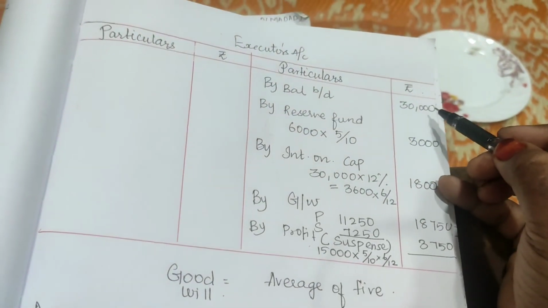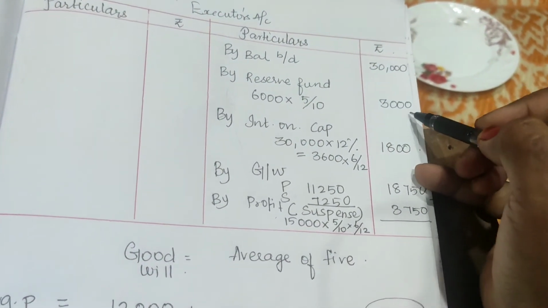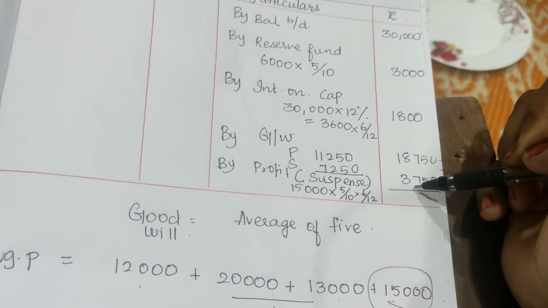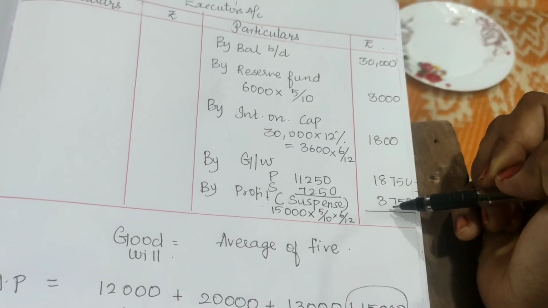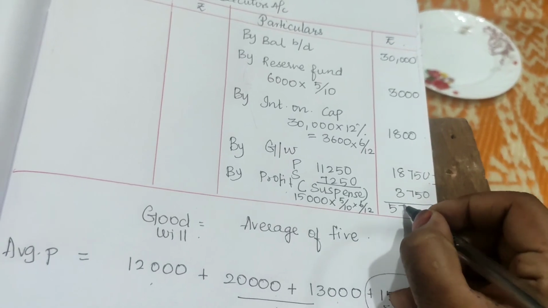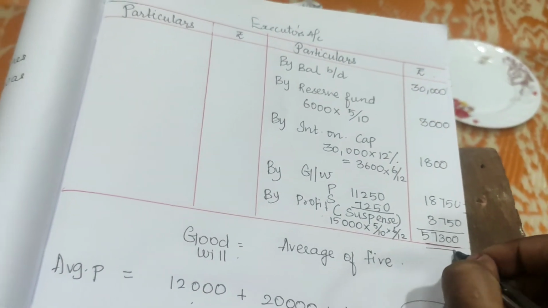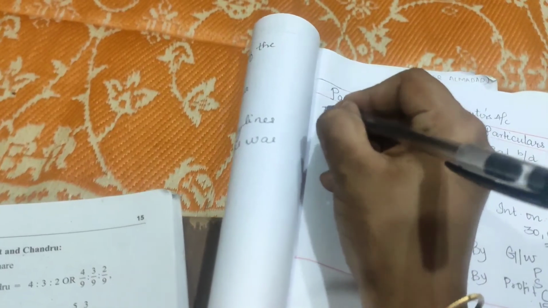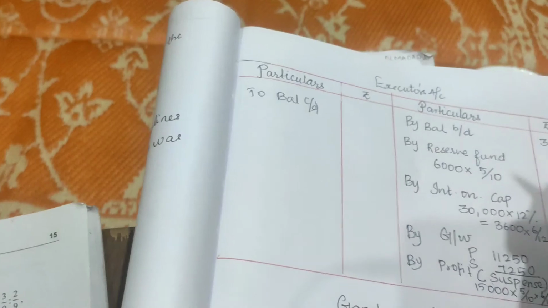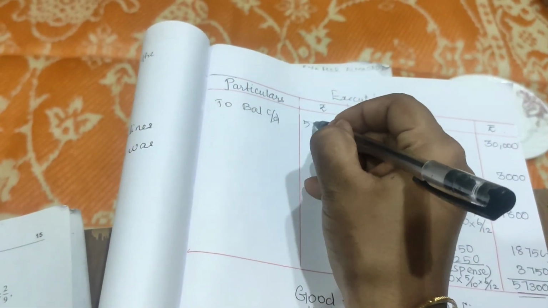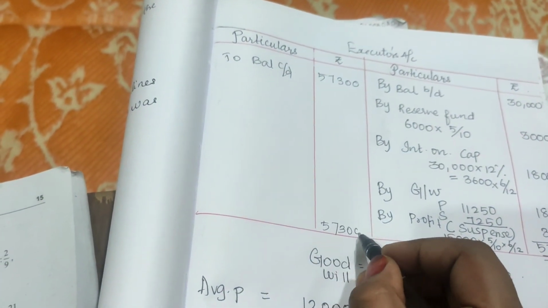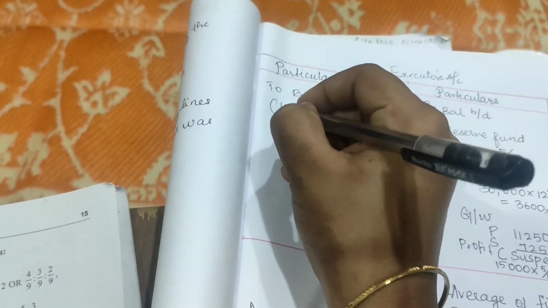Overall we need to calculate now: 33,000, 34,000, 35,000, 37,000. Overall we are going to get the total of 57,300. This money has to be balance carried down. The same 57,300, and we need to tally. This is the executor's account.